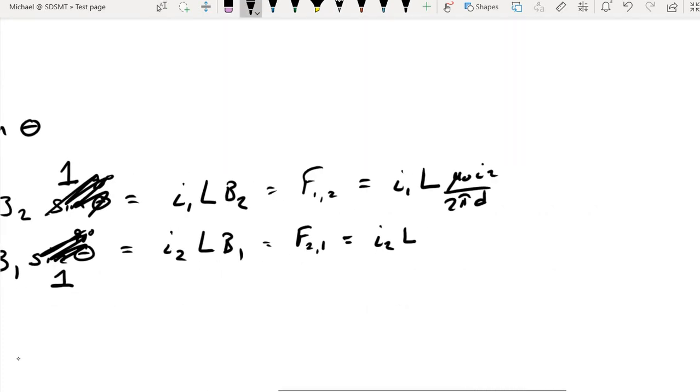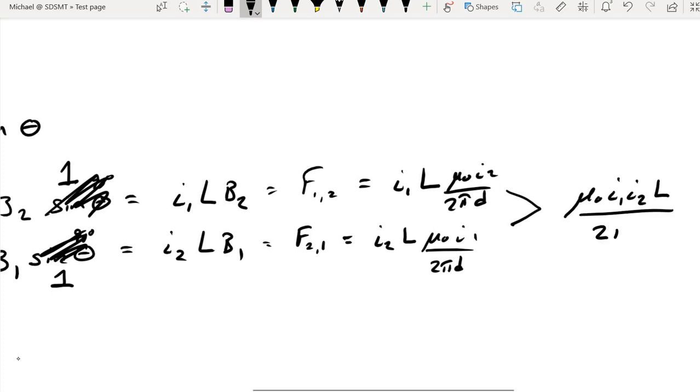It is mu naught I1 over 2 pi d. And now, with a little bit of rearranging, you can see that the magnitudes of these two forces are in fact the same. They both have mu naught, they both have I1, I2, they both have L, and they both have 2 pi d. So that is the magnitude of both of the forces.